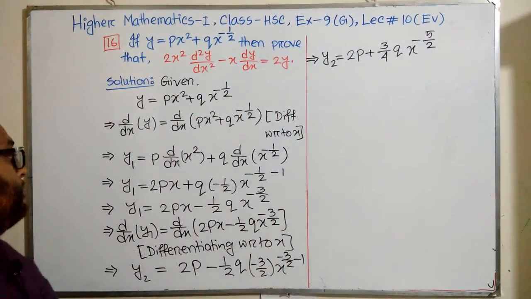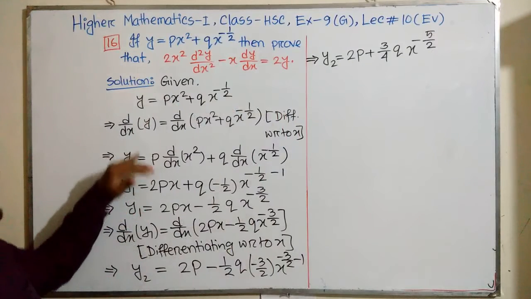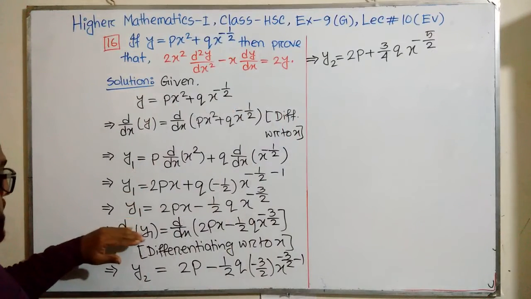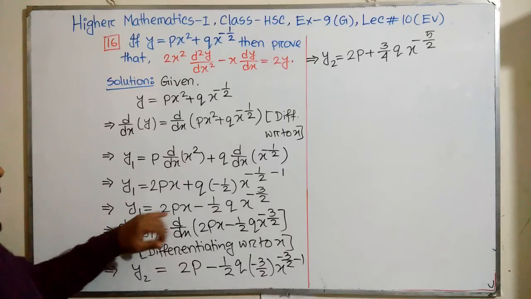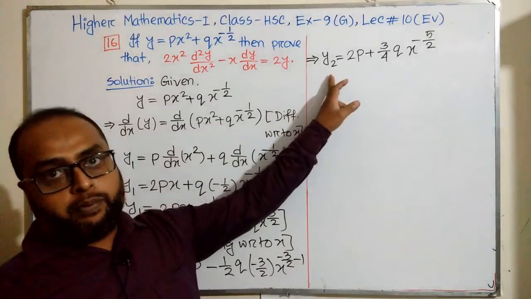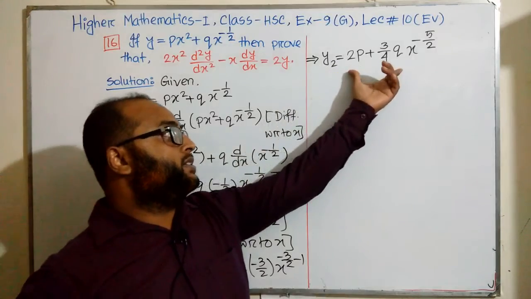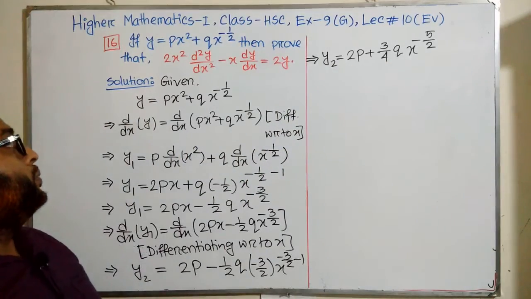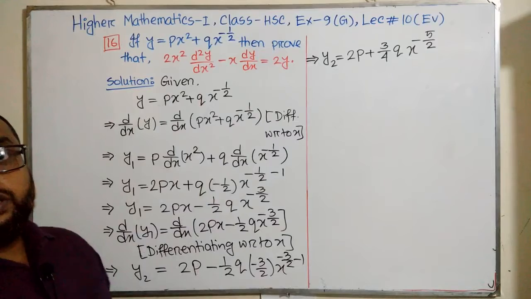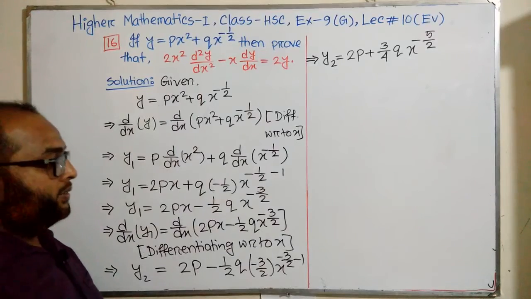Here we have first derivative of y, that means this is y1, and second derivative of y, this is y2, and now we will start from the left hand side.